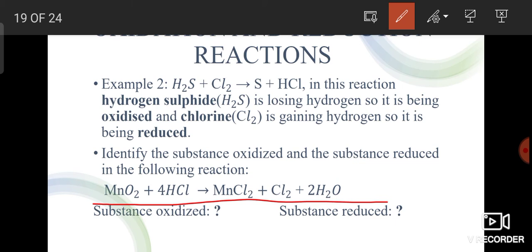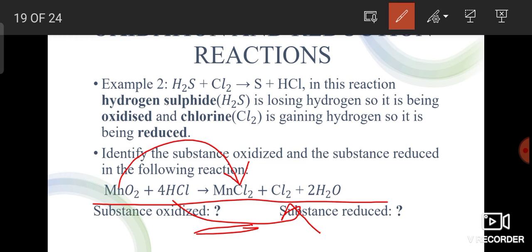So I am not going to tell you the answer of this question, basically it is for your understanding. I have put a question mark, so you will answer me. What I will tell you, I will just hint you the answer of this. Now you can see that manganese oxide is changing into MnCl2, okay, and HCl is changing into chlorine. So now you can tell me the one which is losing oxygen is MnO2 because it changes into MnCl2.